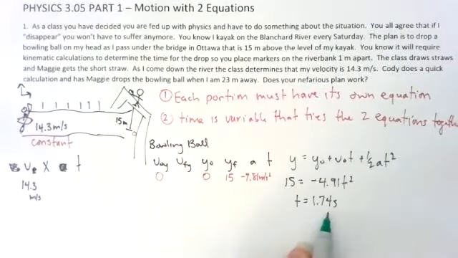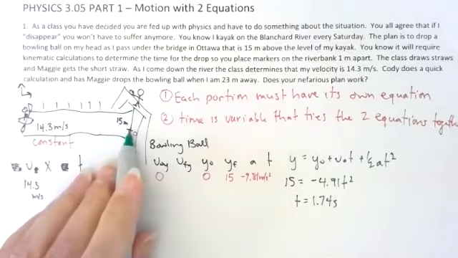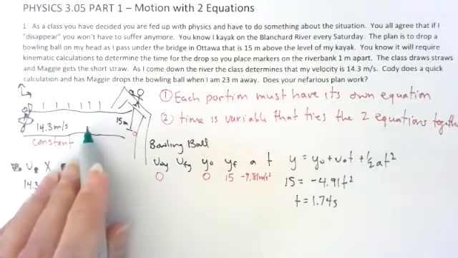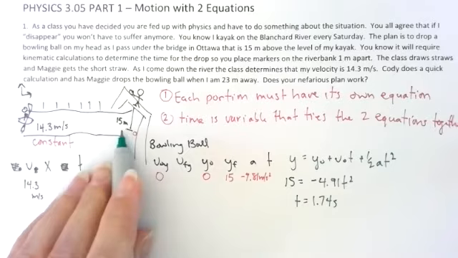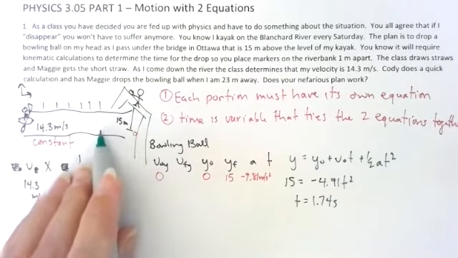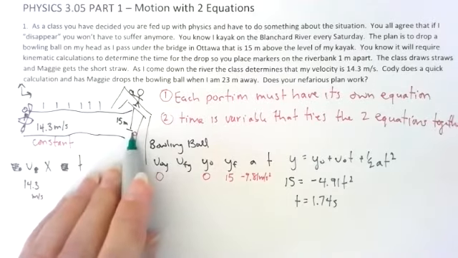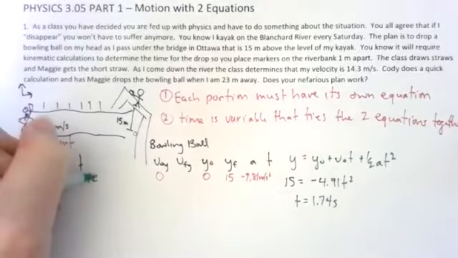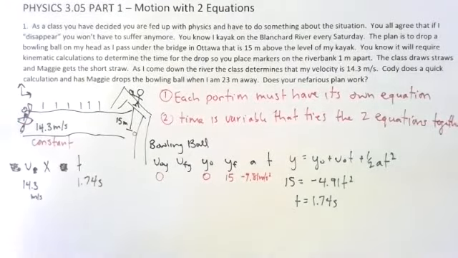Well, if it takes 1.74 seconds to drop from here to here, then I need to come out 1.74 seconds. And whatever distance that is, when I travel that distance, that's going to put me at the intersect point at the same time. So I'm going to bring 1.74 seconds over here. This is a little bit simpler equation because I have just velocity, displacement, and time.